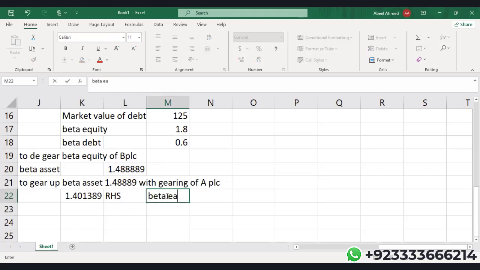Beta equity multiply by, let's say, market value of equity divided by market value of equity plus market value of debt into 1 minus tax rate, 0.7.